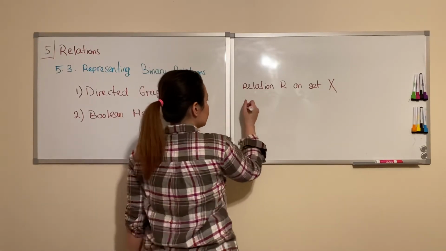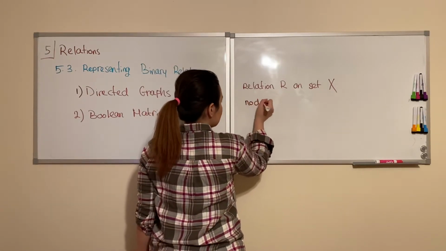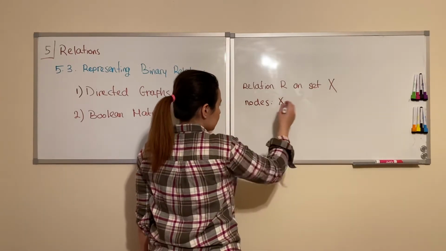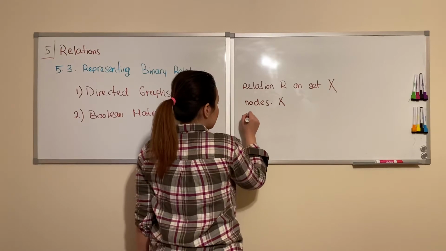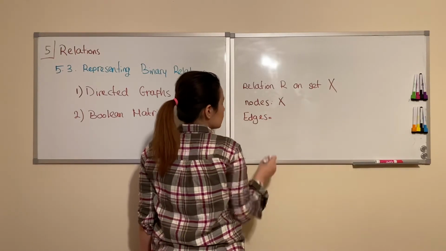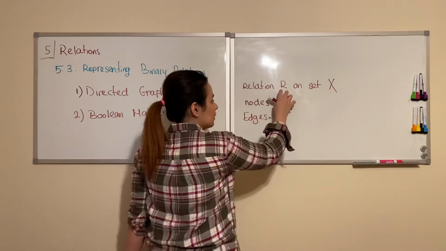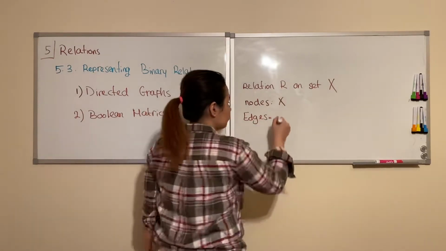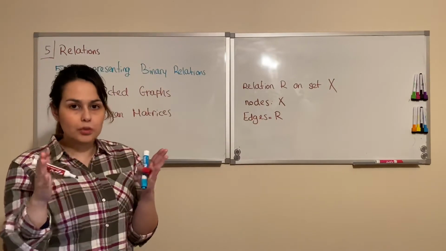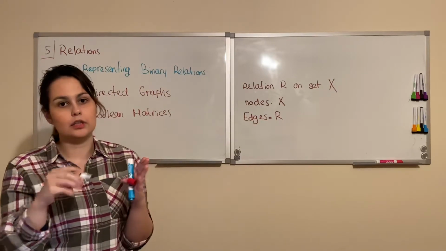So here my nodes are all the elements in X, and my set of edges is the same as my relation R. So each ordered pair shows one directed edge.